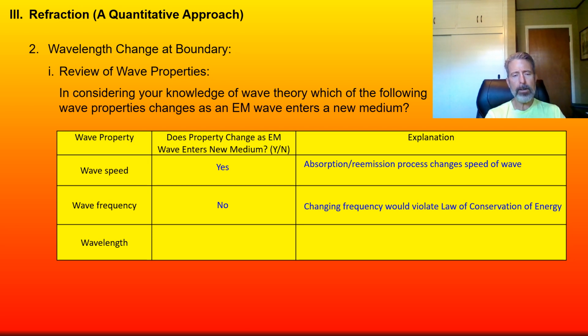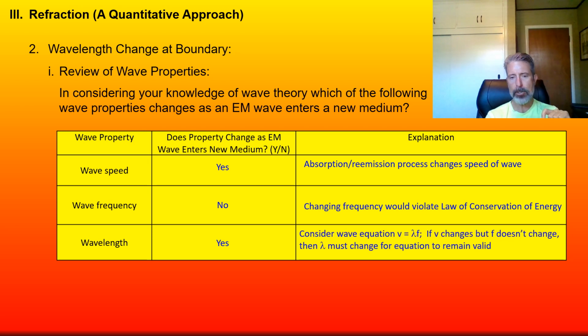So let's think about the implications here. According to the wave equation, wave speed equals wavelength times frequency, so for a constant frequency, if the wave speed were to change when the wave enters a new medium, then that would imply that the wavelength would also have to change. So our answer here would be yes.